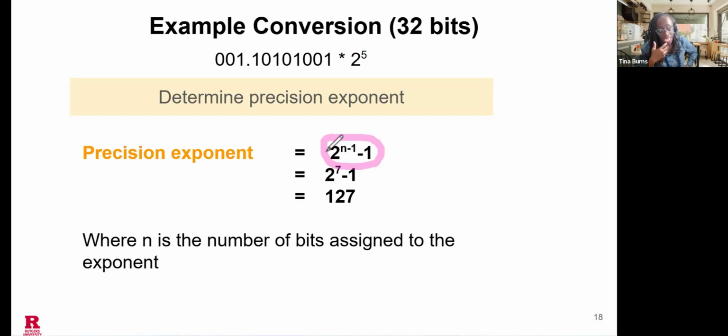That means if I have 8 bits to represent a number and it's binary, I can only go 2 to the 8 minus 1 to represent the number. For example, if I had 2 bits to represent a number, the largest value my number could be is 3, right? It's 2 to the 2 minus 1.